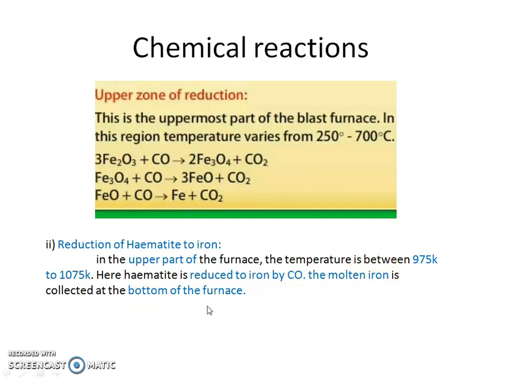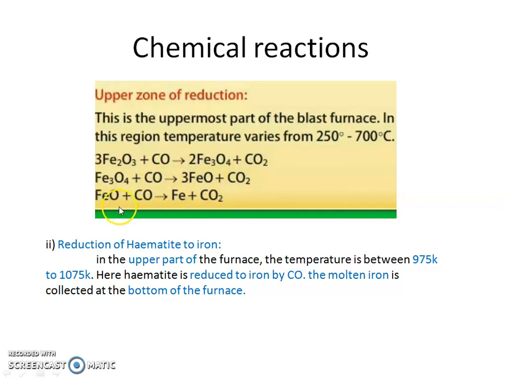Now, what are the reactions? We will see that hematite, Fe2O3, will react with carbon monoxide. Carbon monoxide is a reducing agent, and it forms Fe3O4 plus carbon dioxide. Then again Fe3O4 will react with carbon monoxide to form FeO, ferrous oxide, plus carbon dioxide.